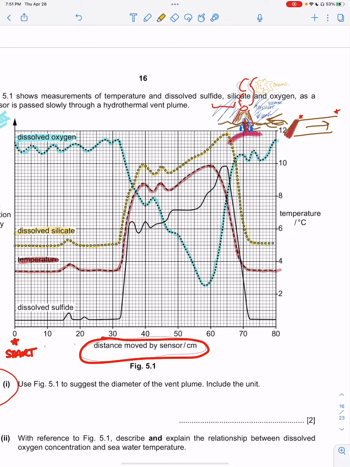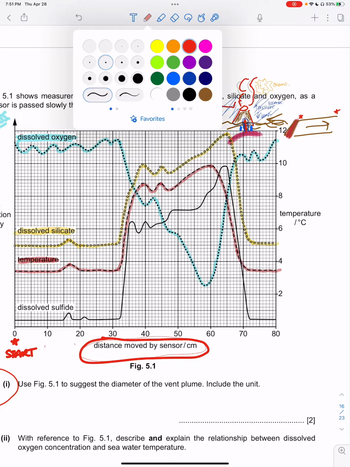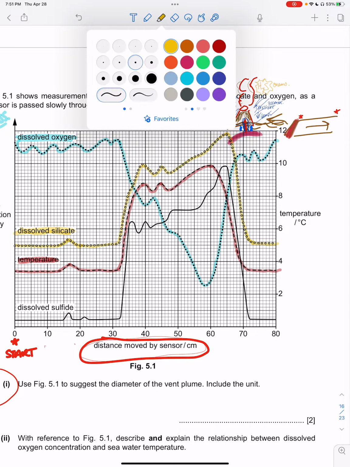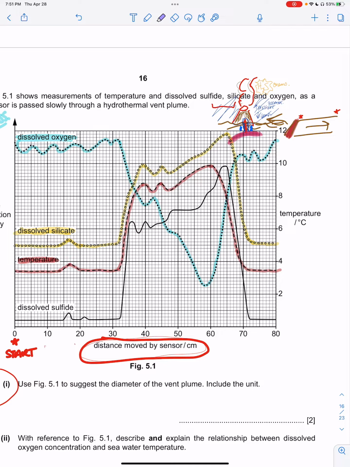Glass is made of silicates. All right. And then sulfur, let's give it the purple. And it's not dissolved sulfur. Sulfur is just an element. It's a sulfide, so it's an ion, like chloride.